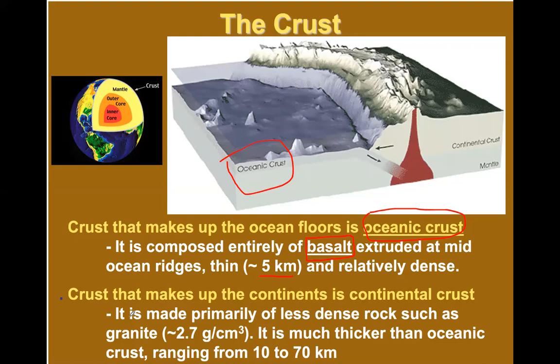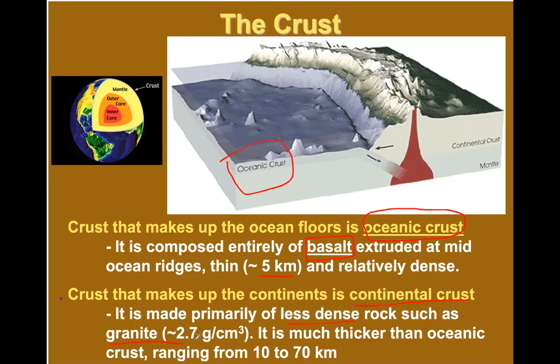The continental part of the crust is mainly composed of less dense rocks, such as granite, for example. Okay, granite is a lesser dense rock than basalt. Basalt is nearly 3 grams per cubic centimeter, but granite is about 2.7 grams per cubic centimeter.